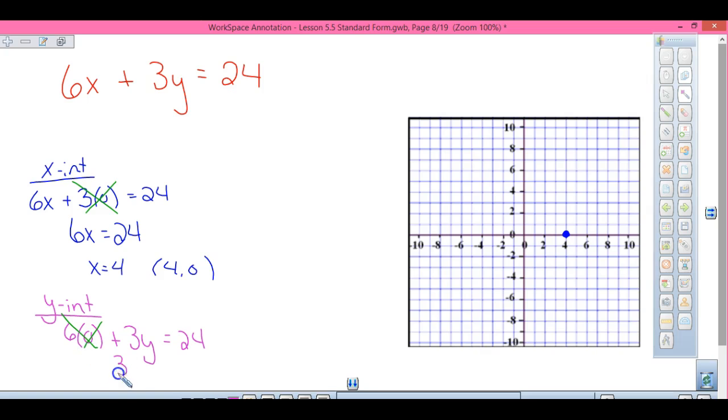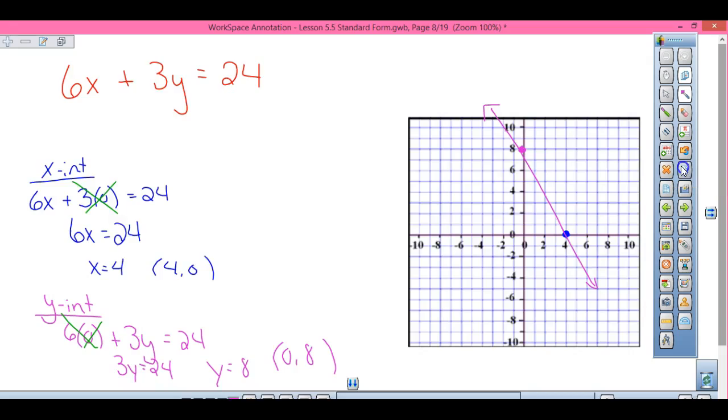So 3y equals 24. Divide by 3, y equals 8. So what's that point? 0, 8. So over 0, up 8. Connect my dots. Boom. My line. Not so bad, right?